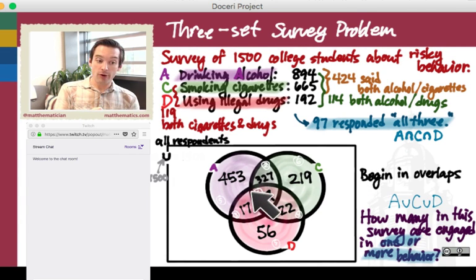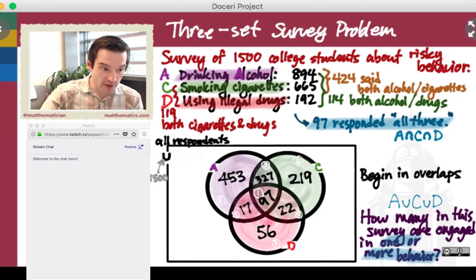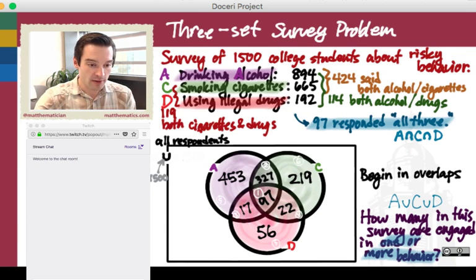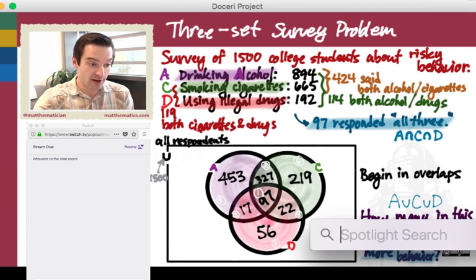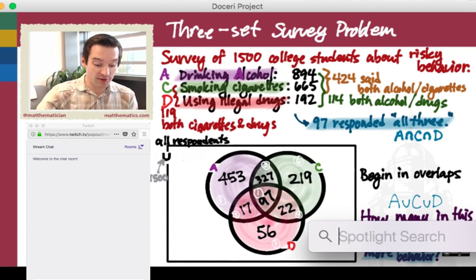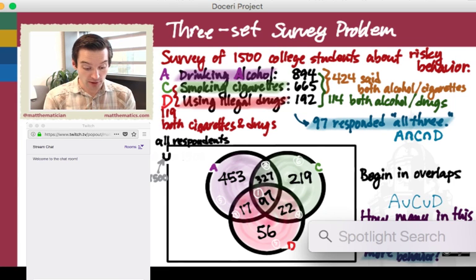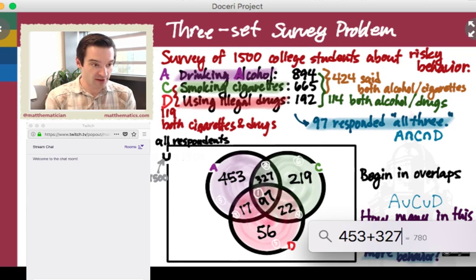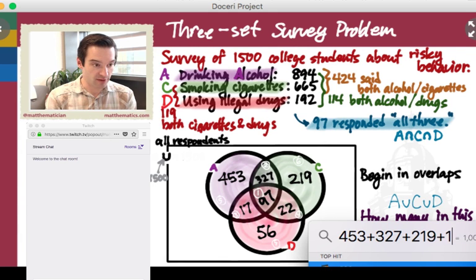And the real power of a Venn diagram is that because every respondent appears in only one of these regions, we're no longer double counting anybody. So to figure out how many people there are in the union, these regions are what are called disjoint. They don't have any elements in common. All I have to do is add together the cardinal numbers of those sets. So 453 plus 327 plus 219 plus 17 plus 97 plus 22 plus 56.